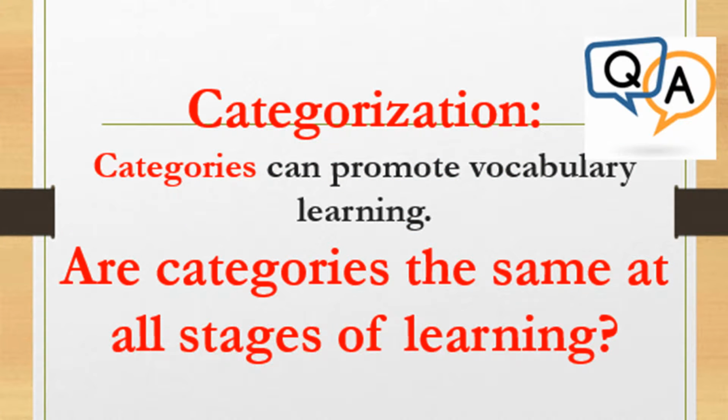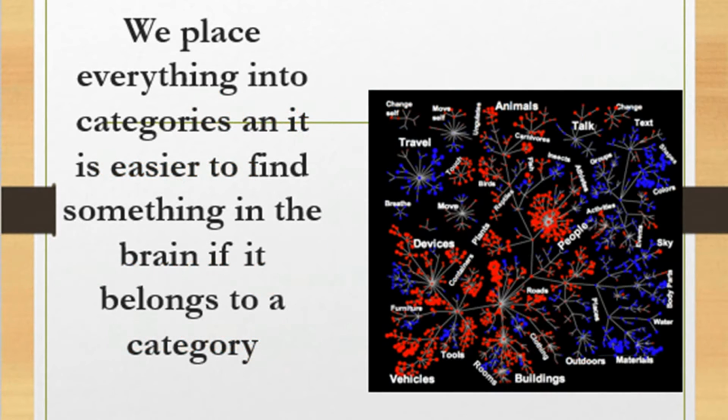Also, categorization is important. When we think of categories, you remember that categories help promote vocabulary, but categories are not the same during all stages of learning. Of course, we place everything into categories in our brain, but the question is, what are the most important categories, and how do we choose categories for the kids to learn and for us to teach?